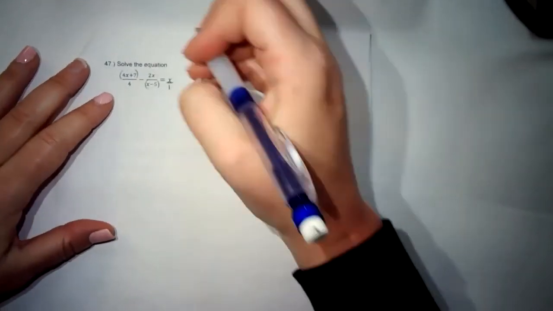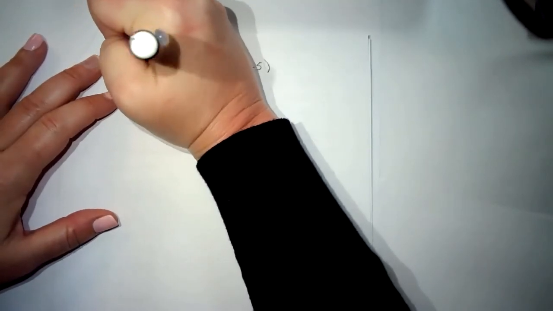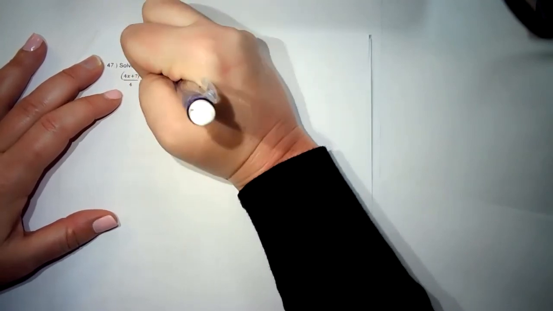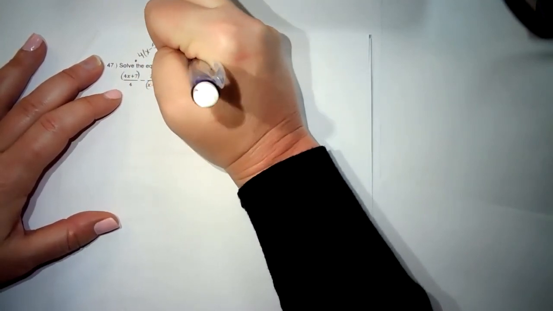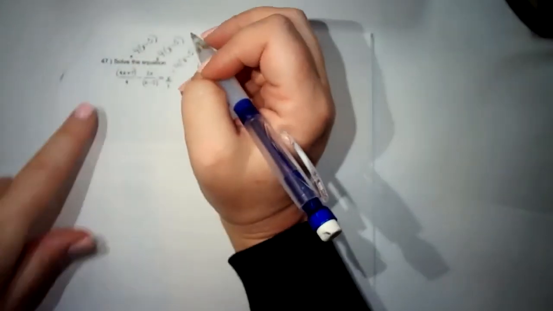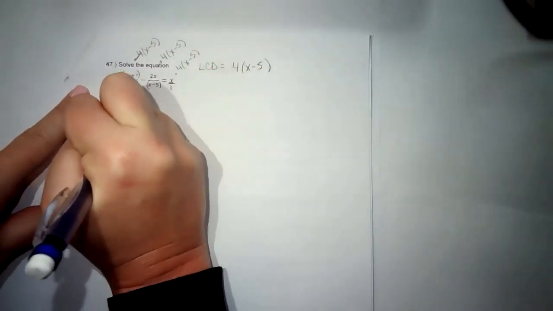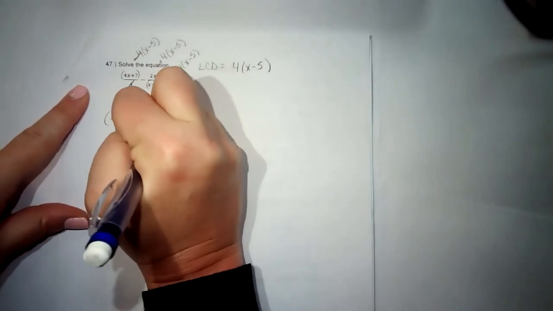Okay, now since I have an equal sign, I'm going to multiply the top of every term by that denominator. That's the secret. Remember, I can do that because I have an equal sign. And then all the bottoms are going to cancel. So for this first term, the 4s are going to cancel. And I'm going to have 4x plus 7 times x minus 5.